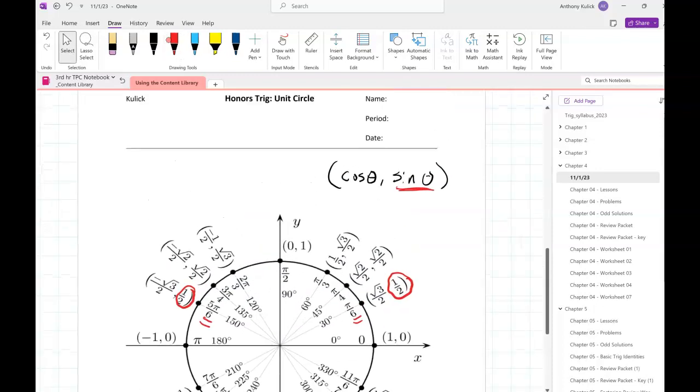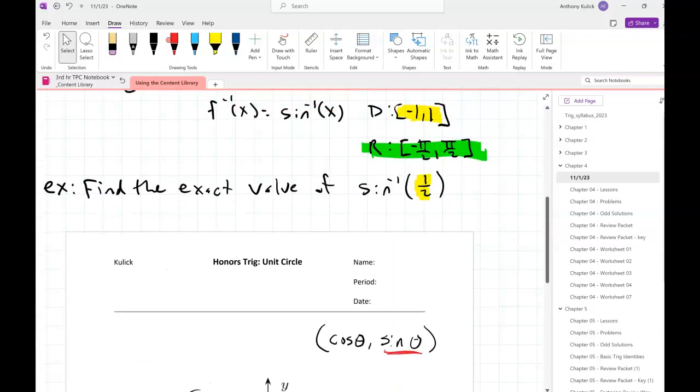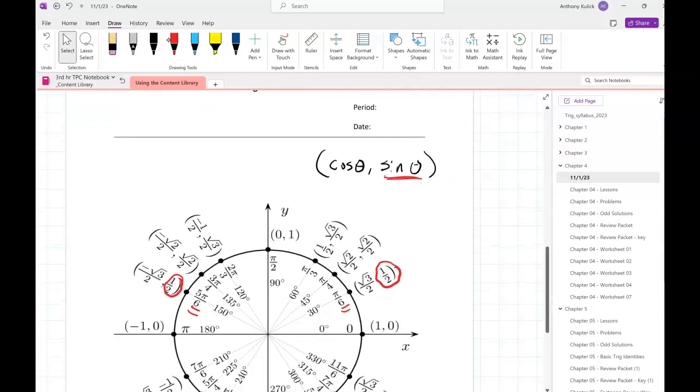To decide which one I want, I have to look at if it's in between negative pi over 2 and positive pi over 2. So 5 pi over 6, let's start here.